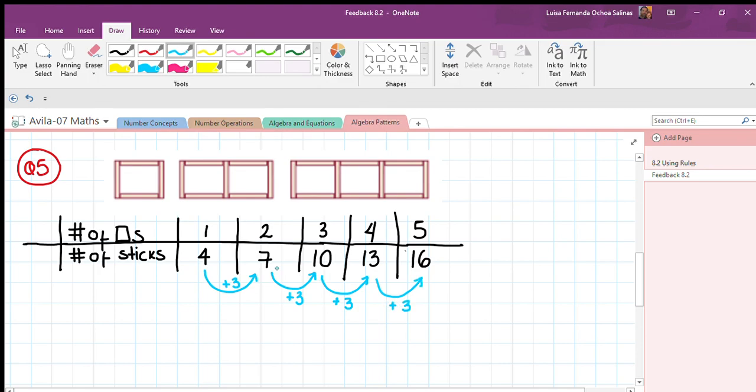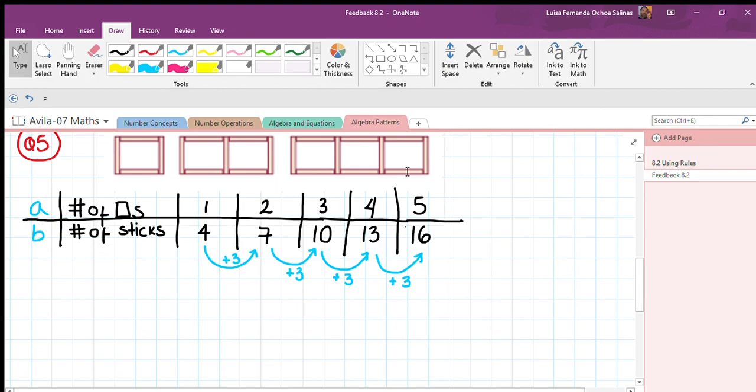Okay? And I'm going to call the number of squares A, and the number of sticks B, because these two are variables. And now we're going to use the steps that I described before. So to follow those steps, first step is defining the variables.